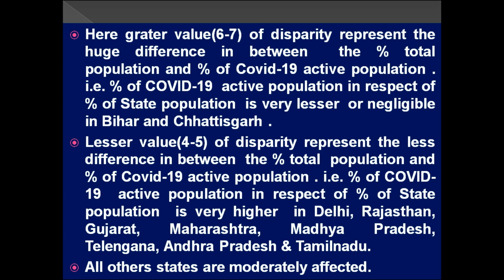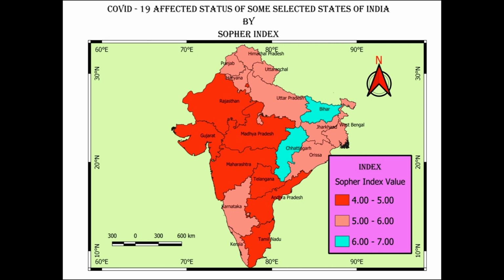We must remember that on the map the red zone is lesser values, that is 4 to 5, highly affected. Orange zone is medium values, 5 to 6, moderately affected, and the higher value 6 to 7 is poorly affected.